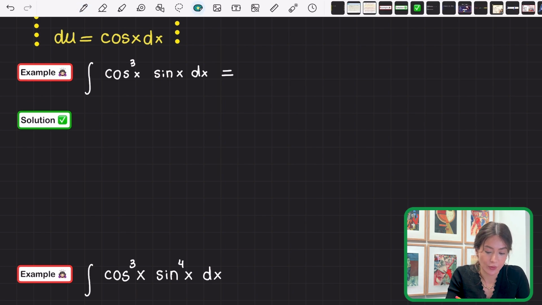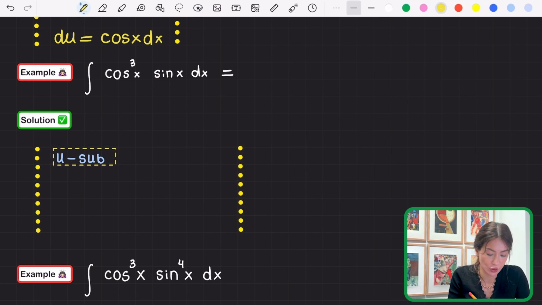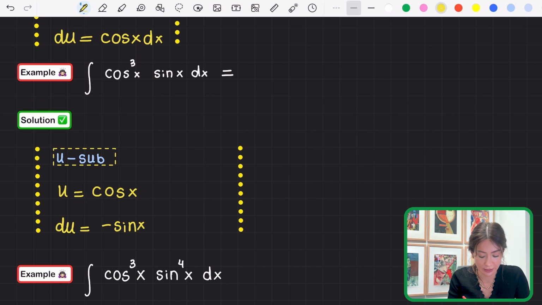Now this one is also already ready for the u sub, and in this case I'm going to make sure that u is the one that has the highest power, which is cosine, and I'm going to have to deal with negative sine, which the derivative of cosine will bring, but that's fine because I can multiply both sides by negative.